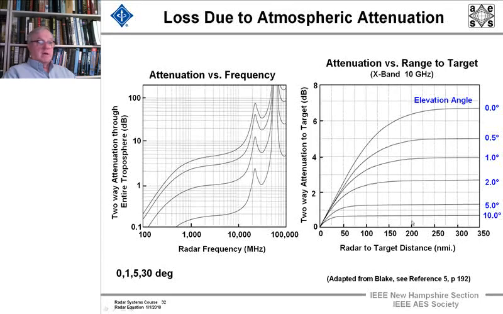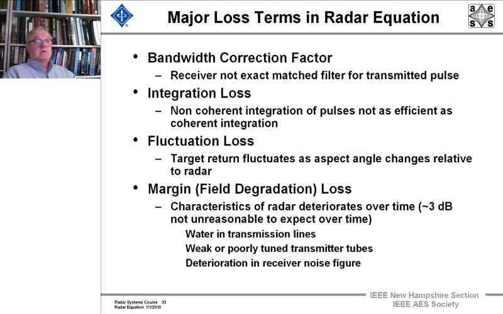If you're at 200 miles and your elevation angle of your beam is 2 degrees, you're going to suffer 2.7 dB of attenuation at X-band. And there are sets of curves in Blake's book and in the Radar Handbook that you can use to look these things up.